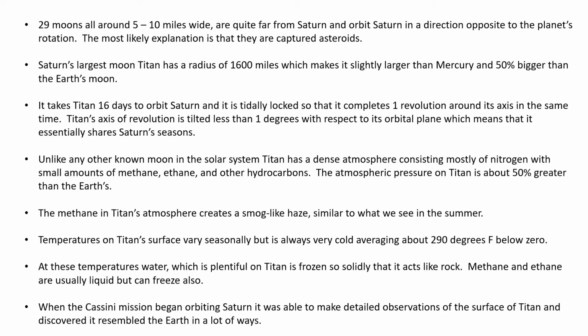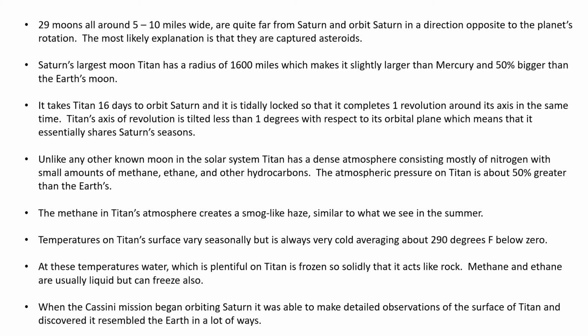The methane in Titan's atmosphere creates a smog-like haze, similar to what we see in the summer. If you look towards downtown Atlanta in the middle of, say, July, you almost always see this sort of dirty-looking haze hanging over the city. That's actually caused by the same thing.